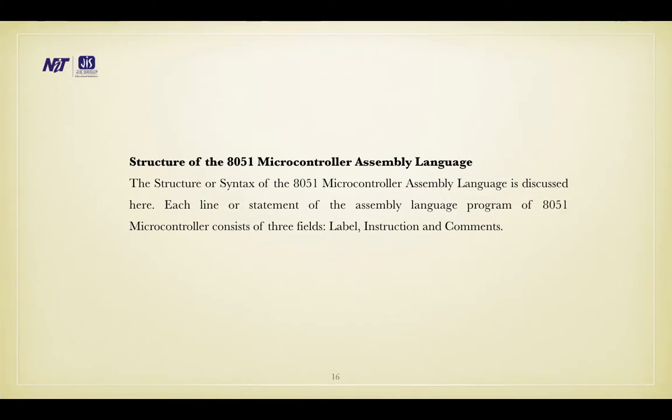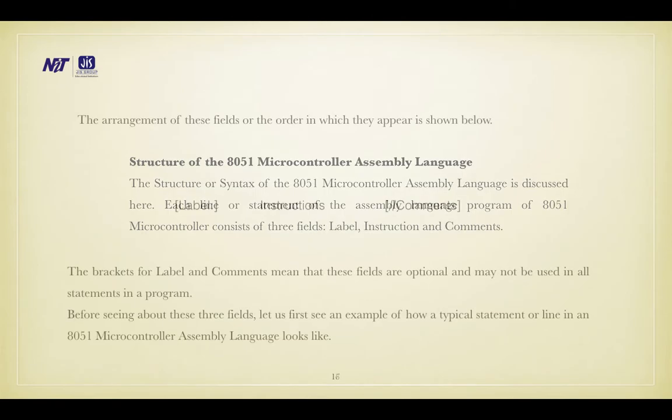Structure of the 8051 microcontroller assembly language. The structure or syntax of the 8051 microcontroller assembly language is discussed here. Each line or statement of an 8051 assembly language program consists of three fields: label, instruction, comments.